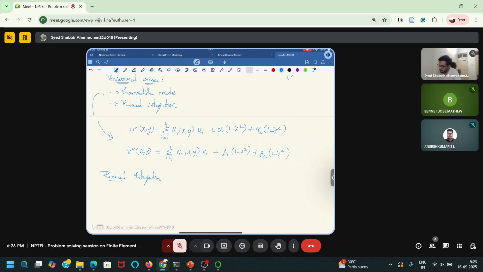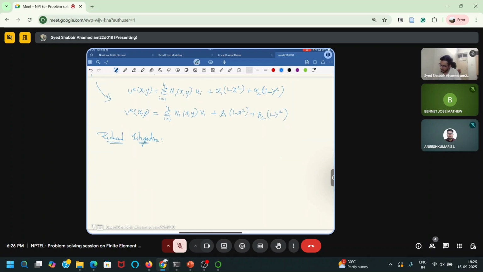In reduced integration, we are saying that the element is getting locked in shear, right? So basically the element is not getting deformed, because shear strain should be zero.